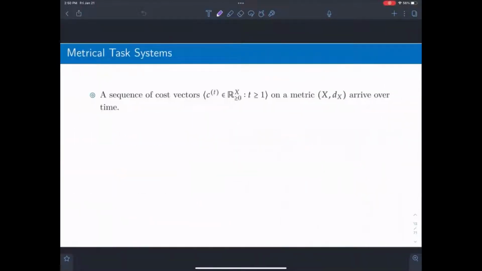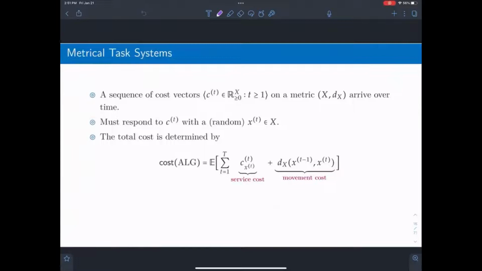So more generally, the metrical task systems problem is defined as follows. We're given a metric space X and a sequence of non-negative cost vectors, c_t, that arrive over time. And we have to respond to c_t online with a possibly random point x_t in X. And the total cost that we're going to pay is the sum of a service cost and a movement cost.